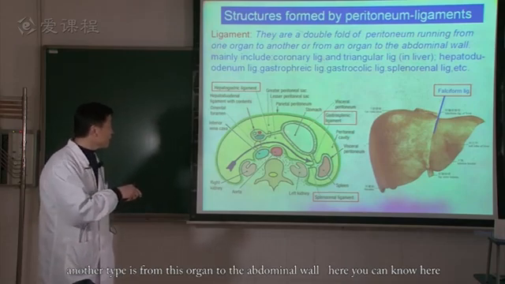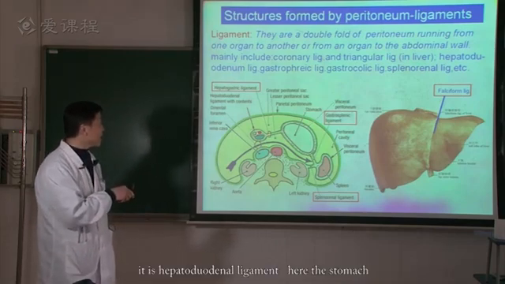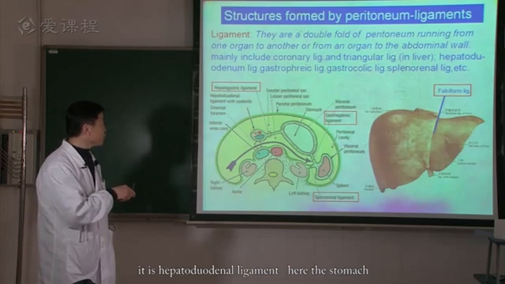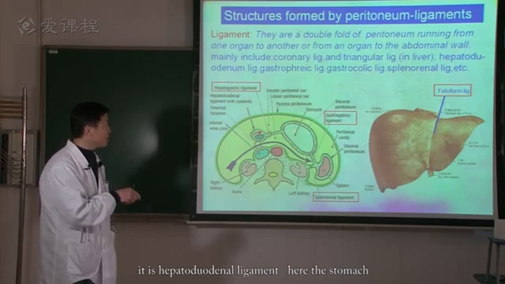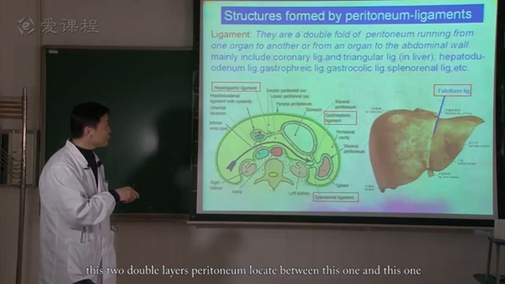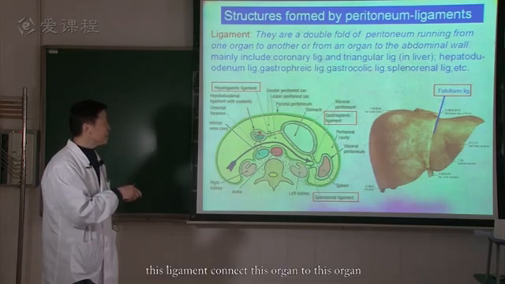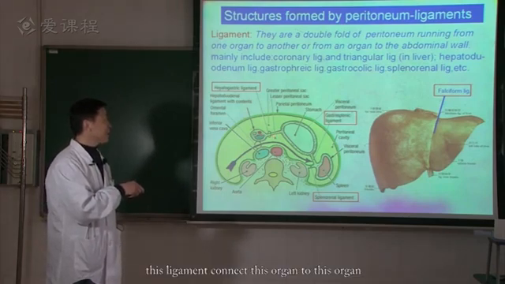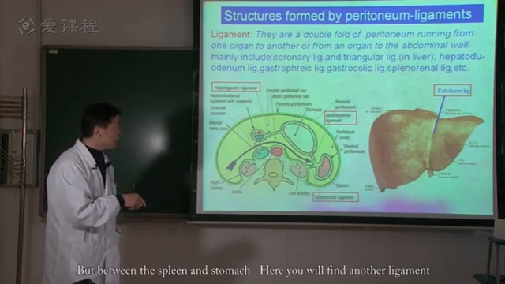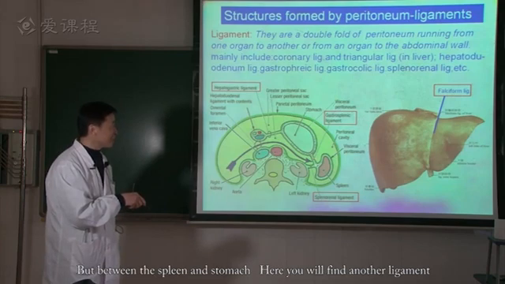Here you can see the hepatoduodenal ligament. Here is the stomach. These two double layers of peritoneum are located between them. This ligament connects this organ to this organ, but between the spleen and the stomach you will find another ligament.